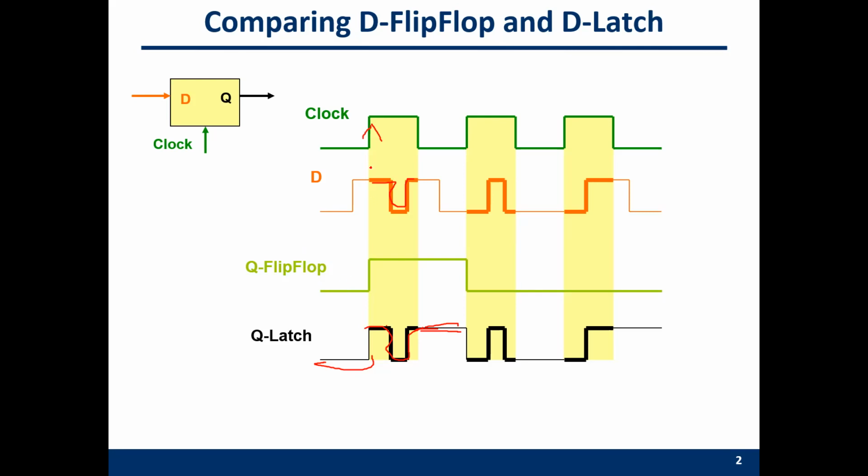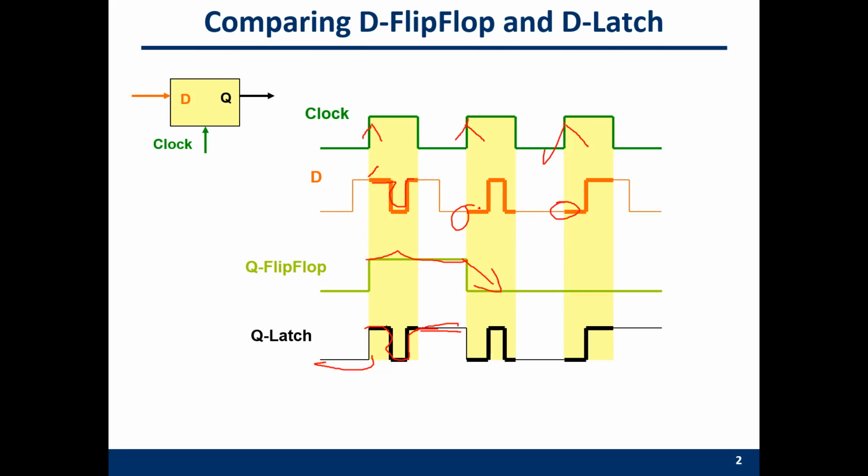You can see this is a high signal, and then it changes to a high signal until the next rising edge. This is a low signal. It changes to low signal. There is another rising edge, but the input is still low signal.